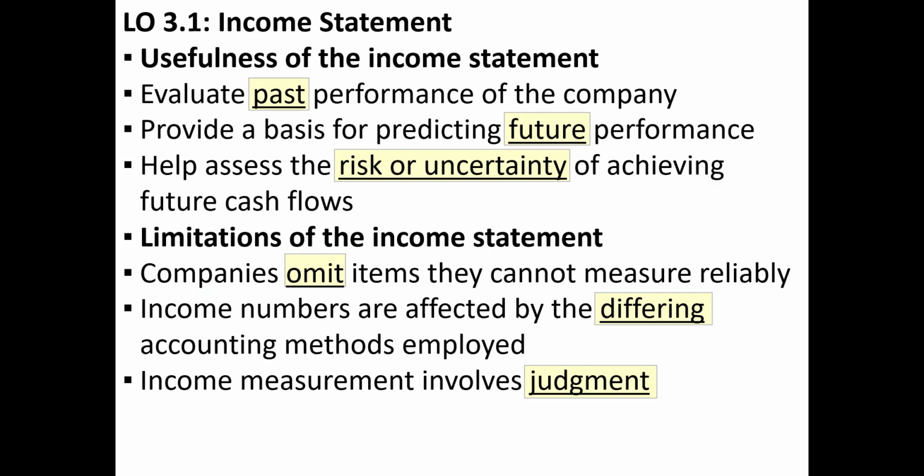All right, so 3.1 talks about a lot of the concepts of the income statement. Now, most of you know that the income statement shows revenues minus expenses, and that gets us net income. Okay, we're going to expand this to include other things too, like gains and losses. But also we're going to talk about the difference between net income and pre-tax net income.